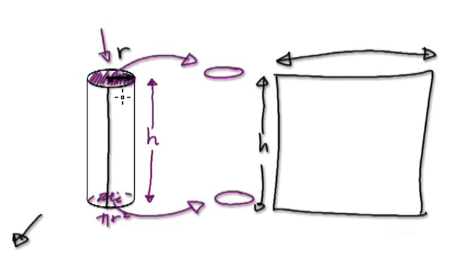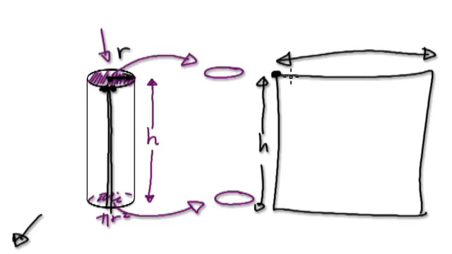Okay, the distance here is really the circumference of the circle. If you don't believe me, find an empty toilet roll or an empty paper roll, and then cut it.